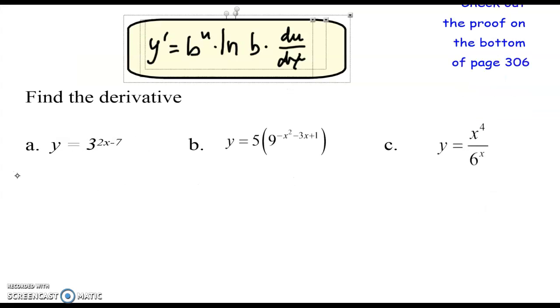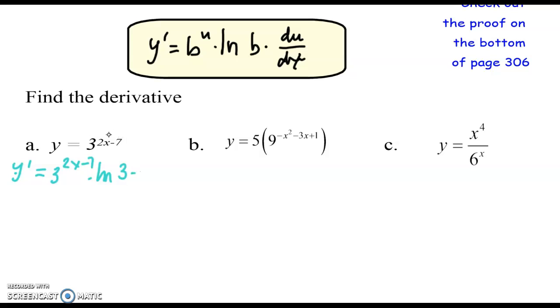The derivative of y is equal to the base to the power u, I'm following here, multiplied by the natural log of base b, in this case the base is 3, multiplied by the derivative of u, our exponent, and the derivative of the exponent here would simply be 2.